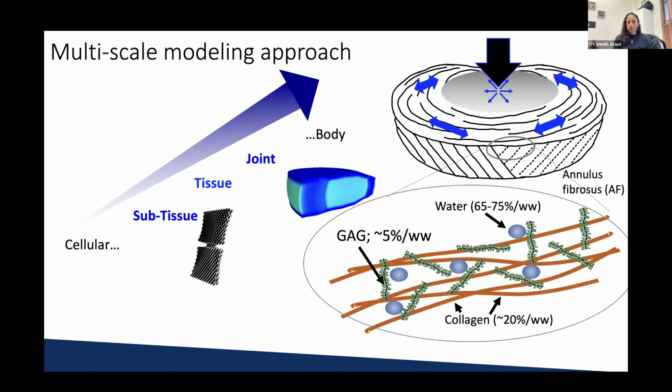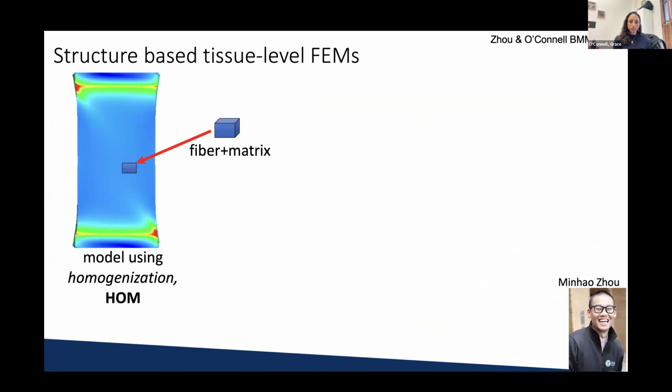All of that information helped us to build this model. We can also use information from the literature and some of the information that we just saw presented here, looking at when we simulate compression of the disc, how it responds mechanically and how well it matches what has been reported in the literature.